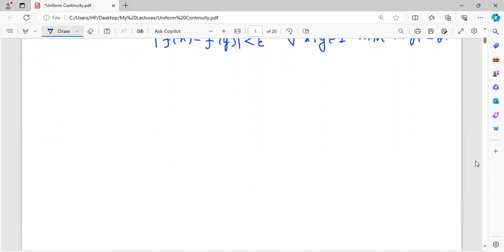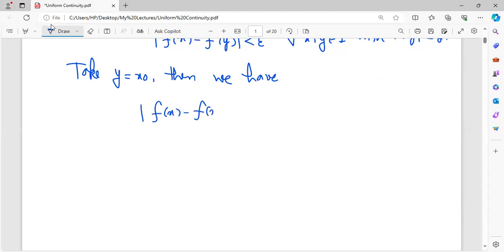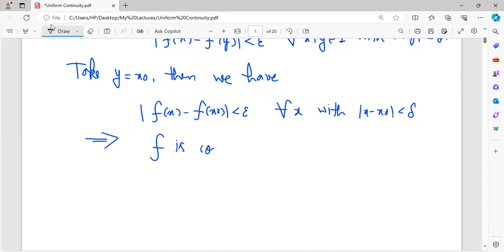Now take y equal to x naught. Then we have |f(x) - f(x naught)| less than epsilon for all x with |x - x naught| less than delta. What does it mean? It means f is continuous at x naught.